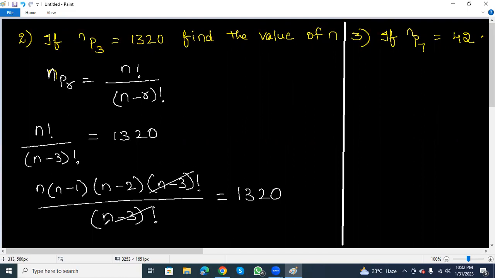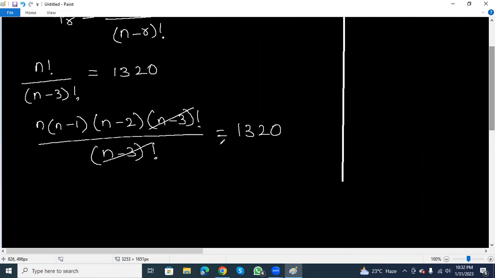Both can be cancelled, numerator and denominator. So what is left? The product of 3 consecutive numbers of n is left, which is equal to 1320.